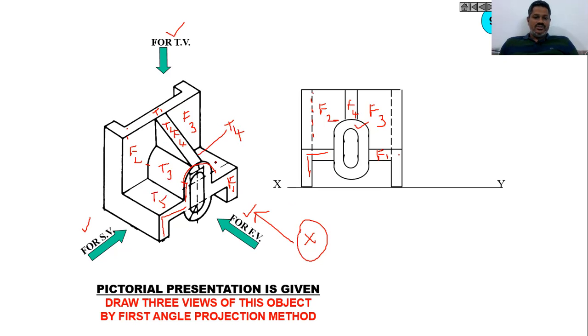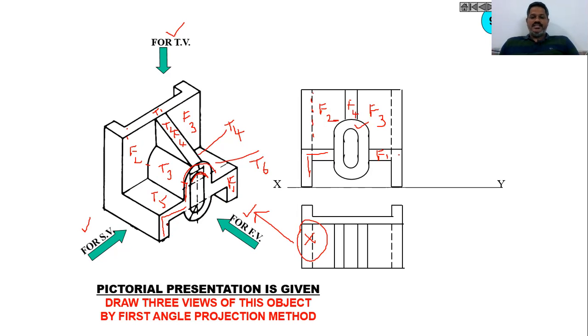Then you will also have T6 here, and finally you will find two dotted lines here because you have a hollowness here. We will find a dotted line here because we have two hidden grooves here, so we will get two dotted lines. This edge dotted line and this edge dotted line we will get. Let me move further to see, as I said just now.